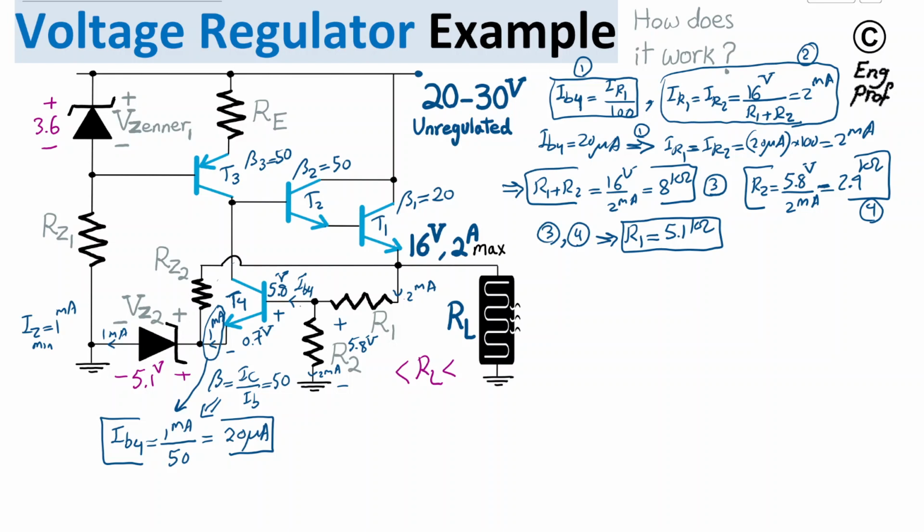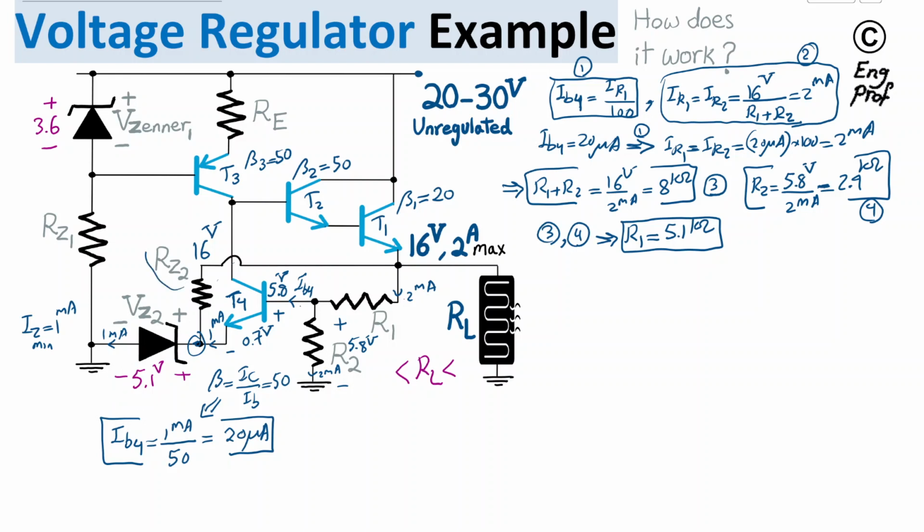Now, one last piece of this section is RZ2. To minimize the dependency of VZ2 on whether T4 base emitter is properly there or not, we want a 1 milliamp minimum current supported regardless of any fluctuation. One benefit of having this link, this wire, is that the 16 volt appears here nominal, and at this node we have 5.1 volt.